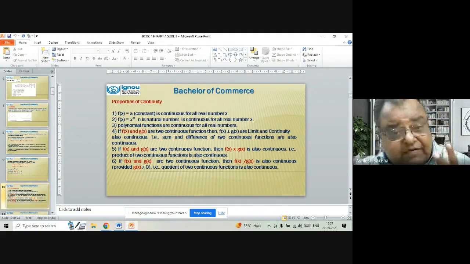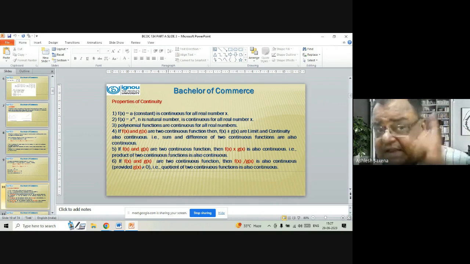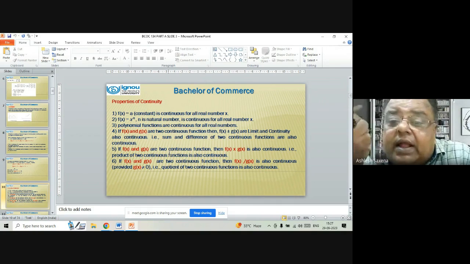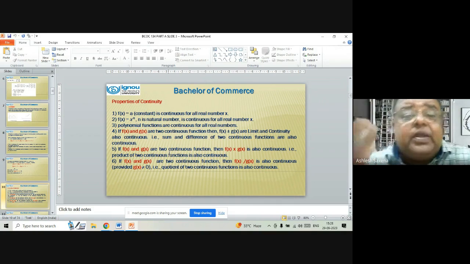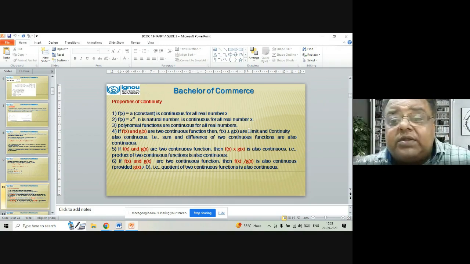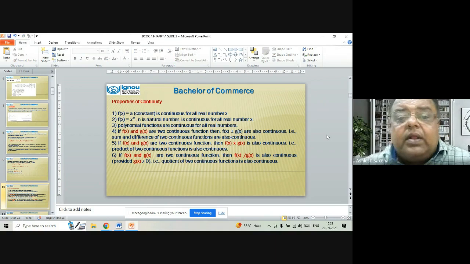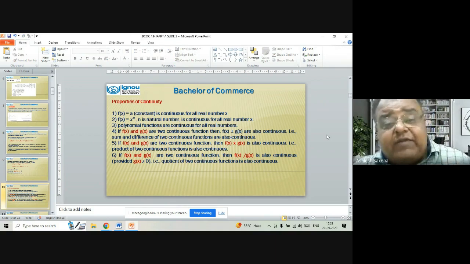If we have functions f(x) and g(x), then f(x) plus or minus g(x) are also continuous. That means the sum or difference of two continuous functions is continuous.